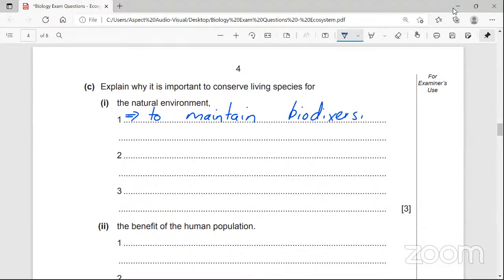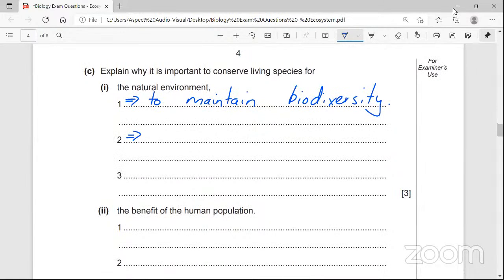Yes, you can mention the nutrient cycle, but then what is it saying? You need balance in every ecosystem, so this ensures balance in the ecosystem.